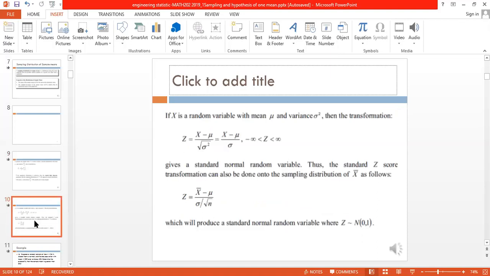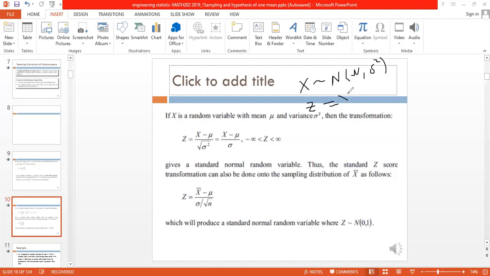Now, the next thing we have to know is if that is the case, then we can also infer that if X is normally distributed with a mean of mu and a variance of sigma squared, and X can be standardized as, from last week's class, if we can standardize X as what?